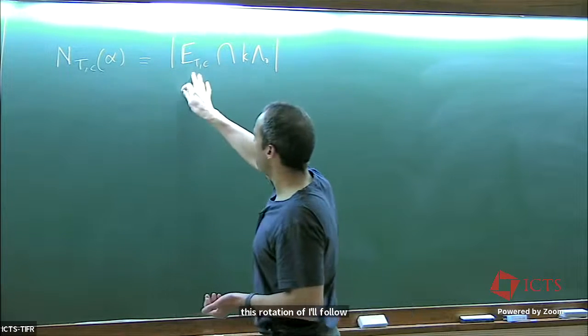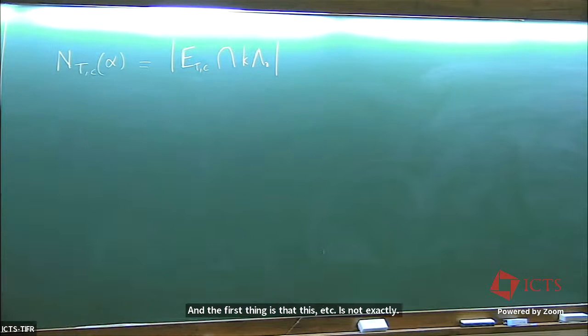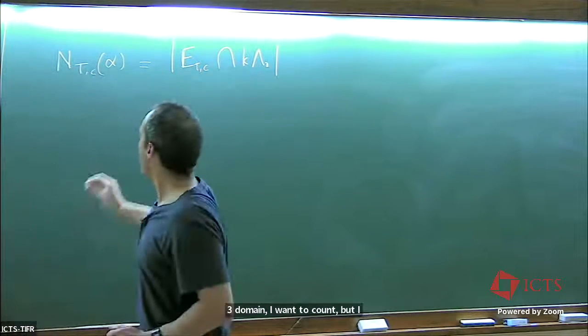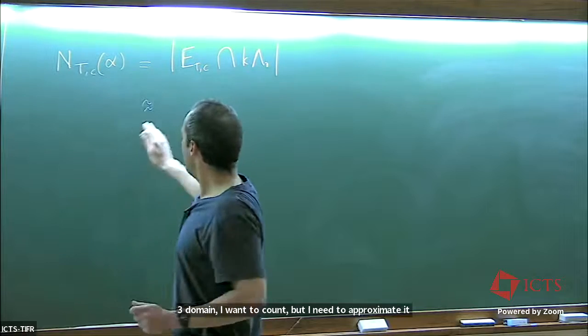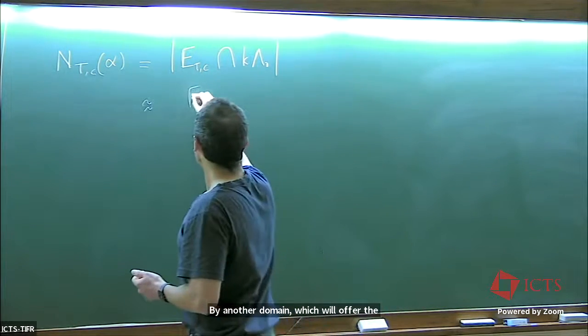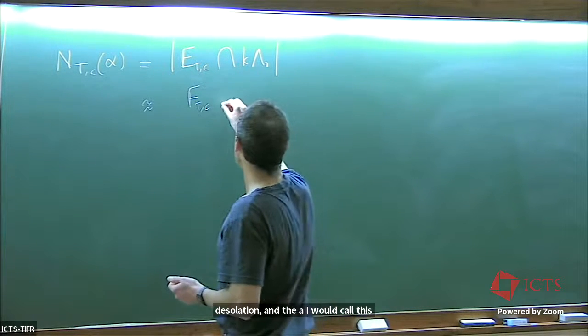And the first thing is that this ETC is not exactly what we need. This is the real domain where my solutions lie. This is the real domain I want to count. But I need to approximate it by another domain, which will offer the nice tessellation under A. I will call this approximating set FTC.